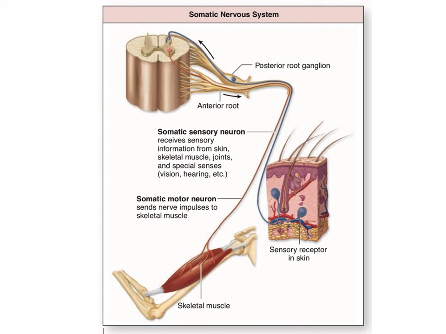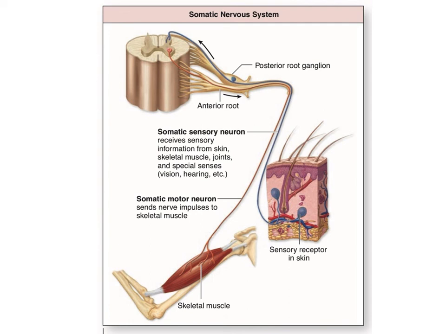The effector that the somatic motor neuron connects to would be skeletal muscle. Remember, somatic means that you are willfully making it happen, consciously and voluntarily. This is why we are using the anterior gray horn, because it has to be a somatic motor neuron.